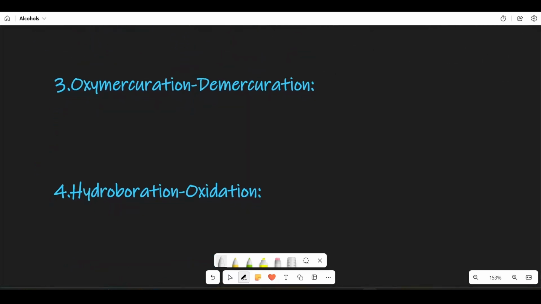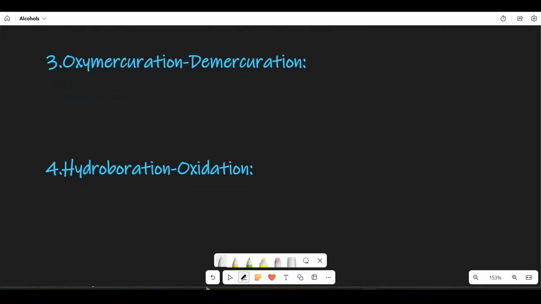The next reaction is oxymercuration demercuration. Let's see this reaction. This is also simply addition of water, and we write the product according to the Markovnikov rule.